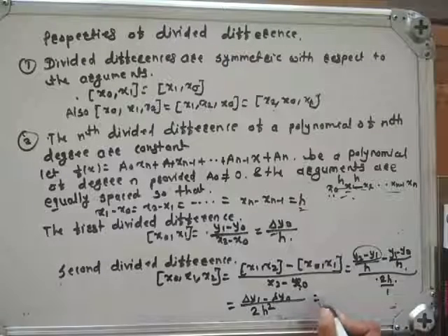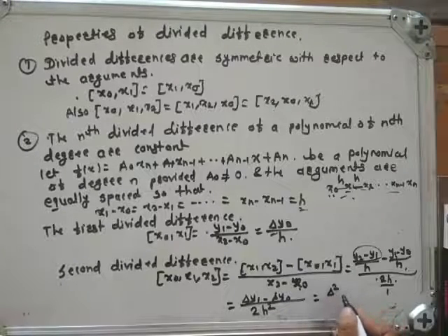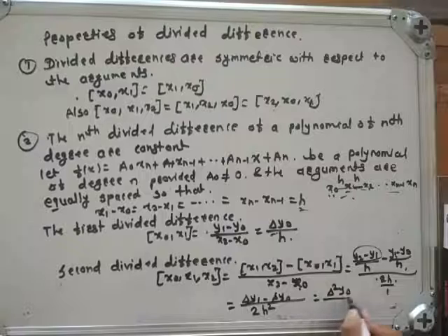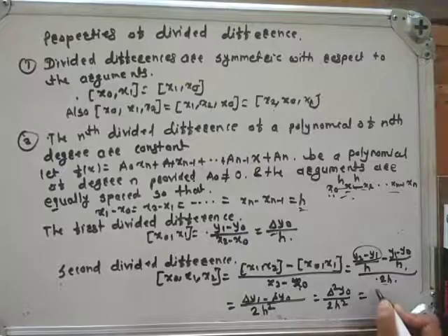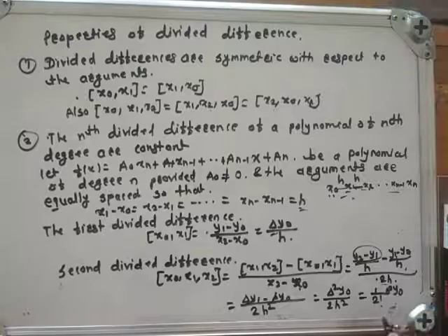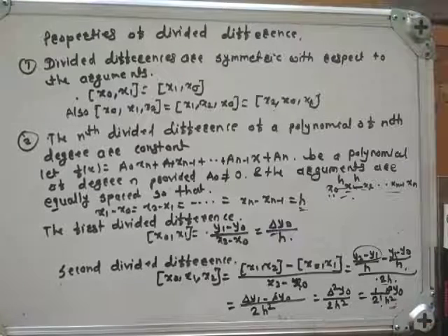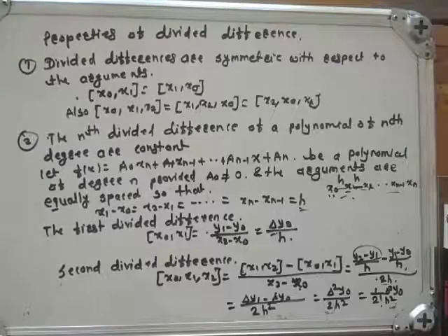This is the formula: delta square of y0 upon 2 h square, which is equal to 1 upon 2 factorial delta square y0 into h square. 2 can be written as 2 factorial.